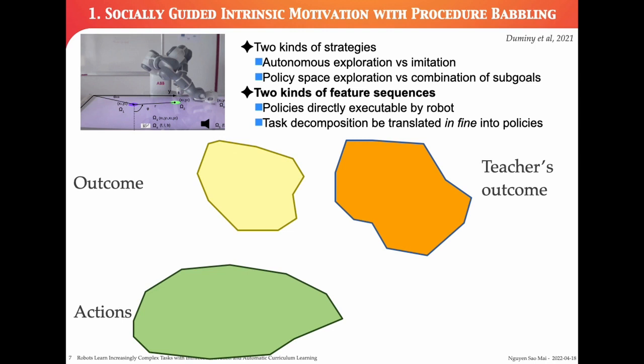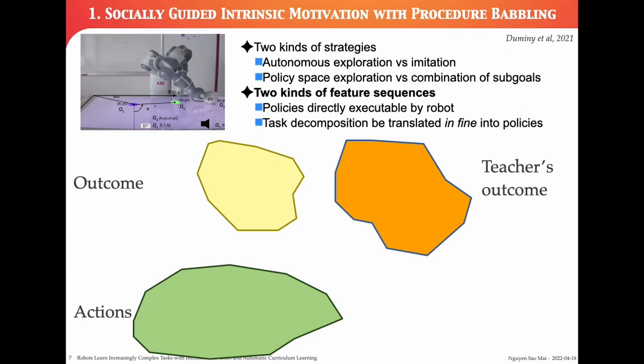It can consider sequences of actions as either a sequence of policies directly that are executable by the robot, or it can consider them as a task decomposition that can be translated in fine into policies.